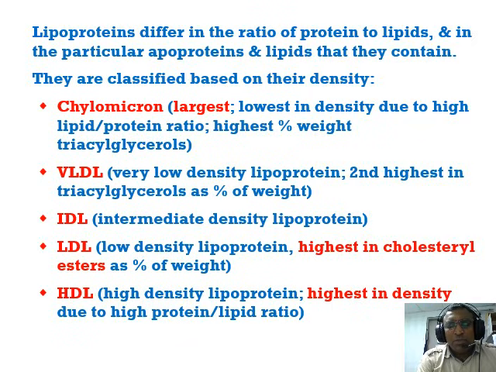High density lipoprotein has no cholesterol or less cholesterol, but it has the potential to take up cholesterol. So this is the good cholesterol, because it tends to pick up all those cholesterol dropped by LDL and bring it back to the liver. So these are all the types of lipoprotein that are found in our body.